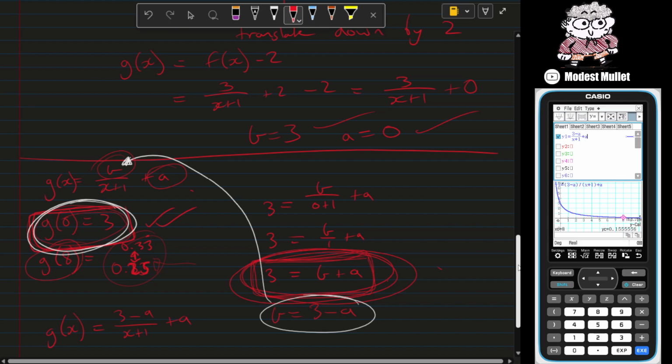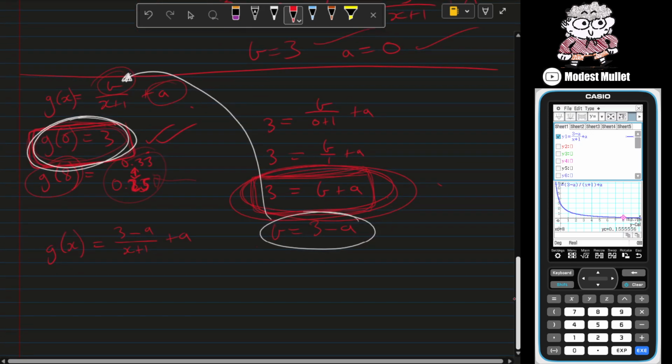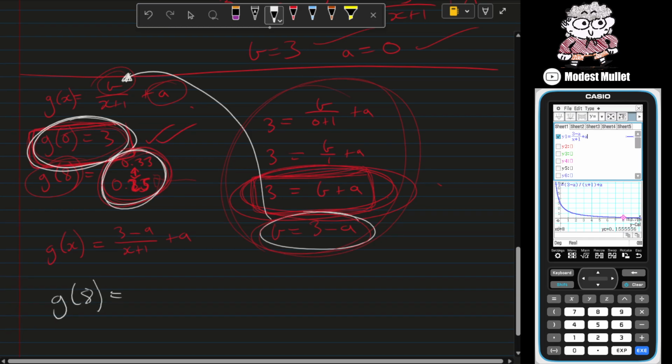The other way is a continuation of this. You still have to do this first point. We know g of 0 needs to equal 3, which gives us this one equation to solve. And then you just pick a point between 0.33 and 0.255 to generate another equation. Let's say that we want g of 8 to equal 0.3.